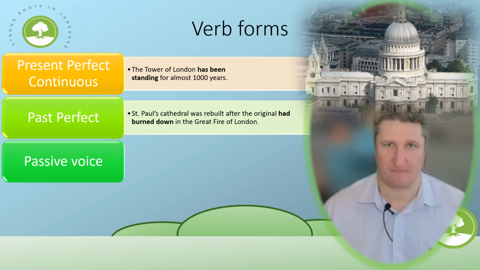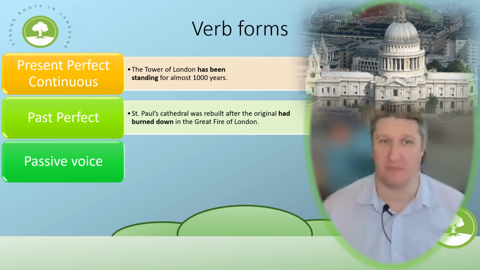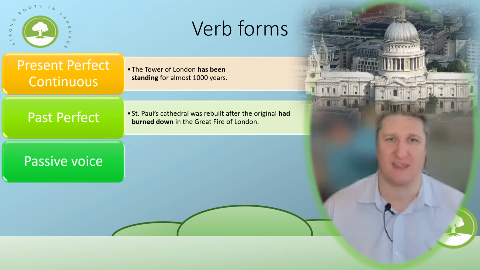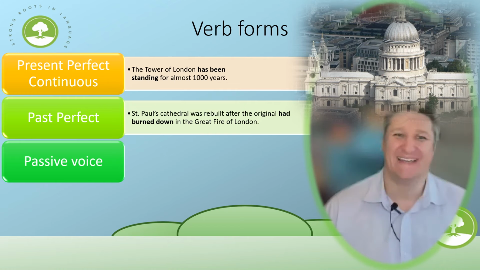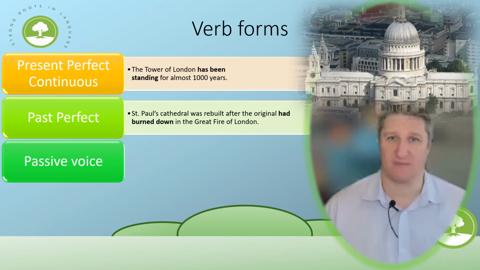Or in the past, St. Paul's was designed by Sir Christopher Wren, who, by the way, is also buried there. I think he was the first person to be buried there, which is quite cool. His epitaph is, if you want to see a monument to him, look around. You can check out my other video for a fuller treatment of the passive voice.